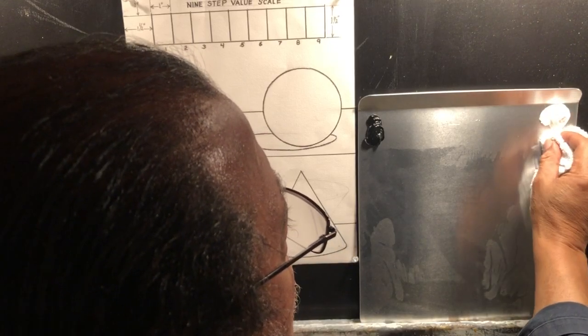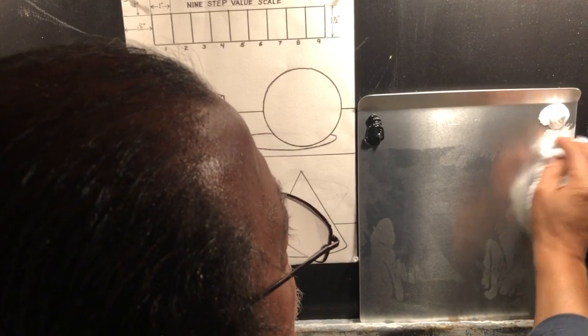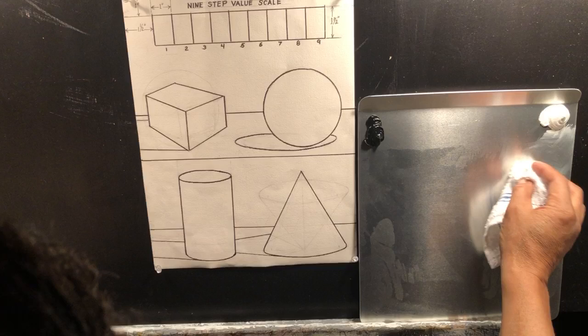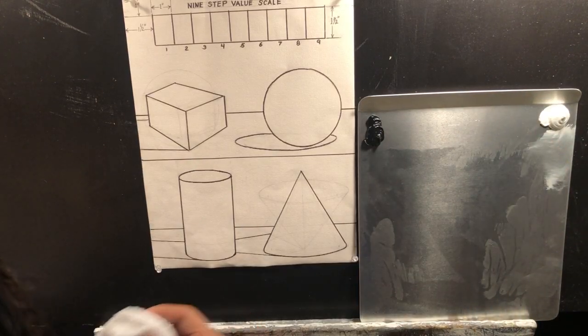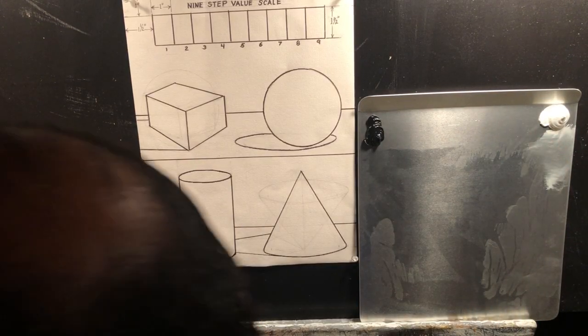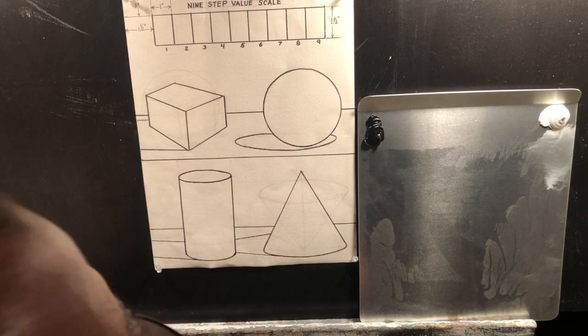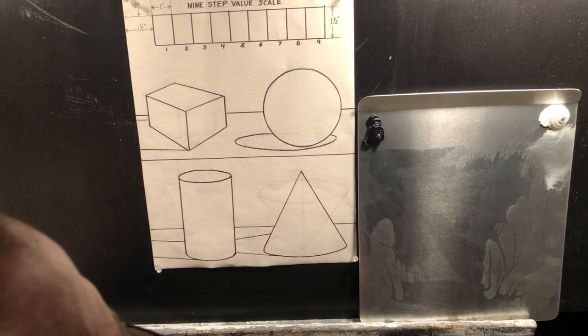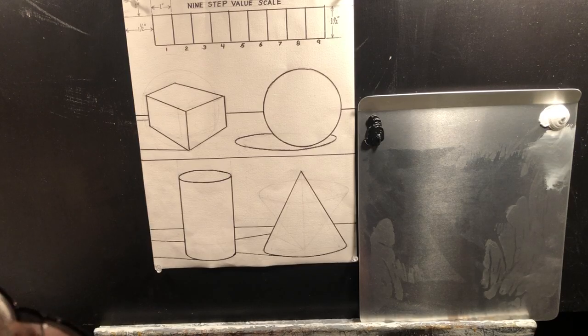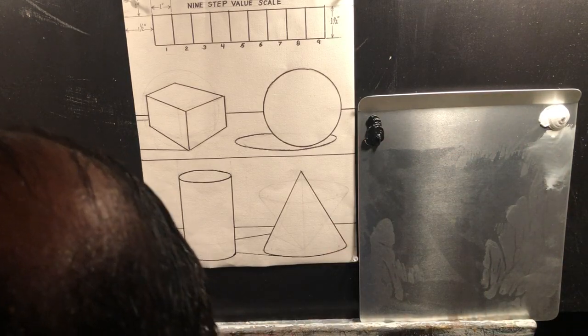And with our rag, we're going to wipe up some of that. We don't want to run it everywhere. That's two values right now. We've got our value 1, which is black, and value 9, which is white.